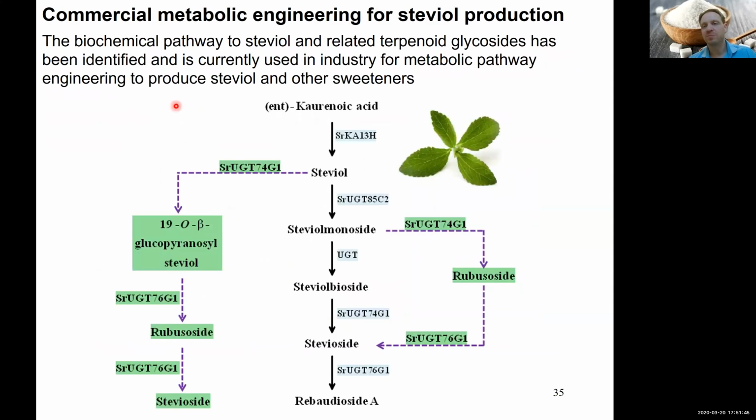On the last note, because it is so popular, there's actually a lot of biotechnology industry out there. We have used many of the tools I showed you in the first lecture video to first understand how stevioside and other steviol compounds are produced in the plant.